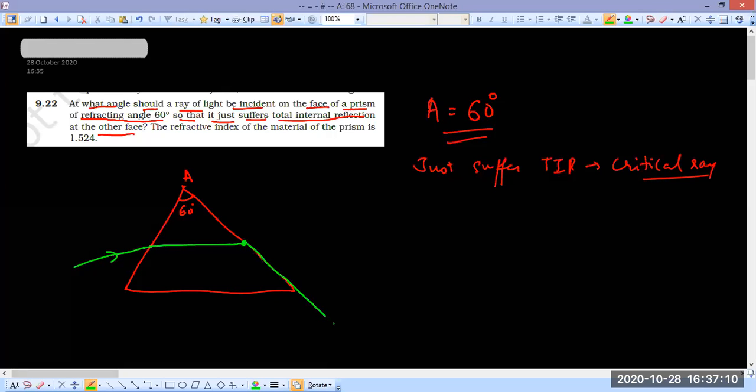That is, it should go like this. So this angle should be equal to C. So from the figure we can immediately say R2 is equal to C, right?